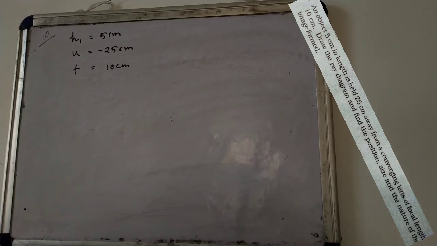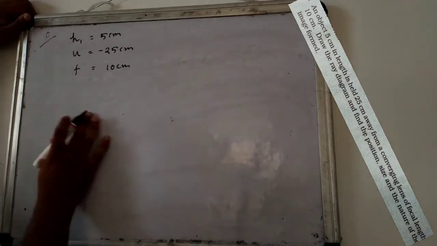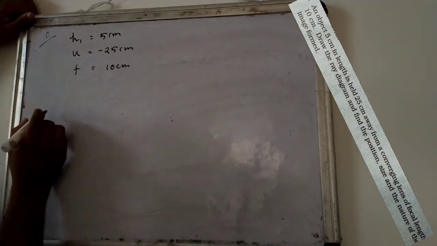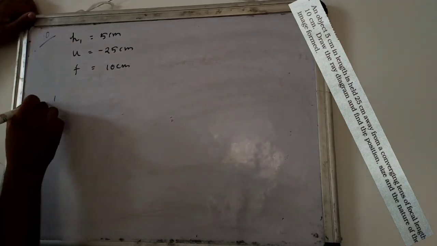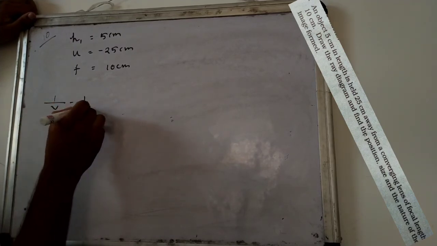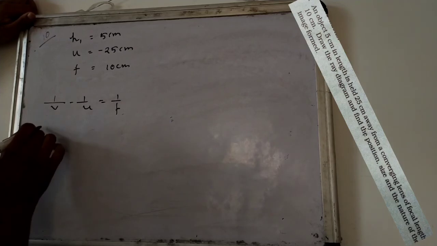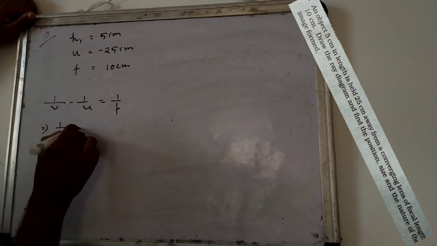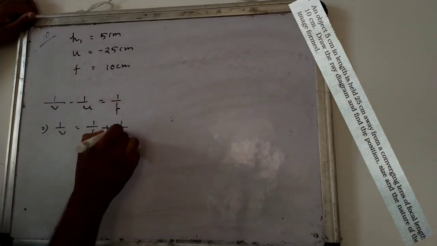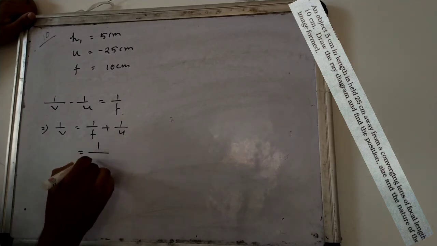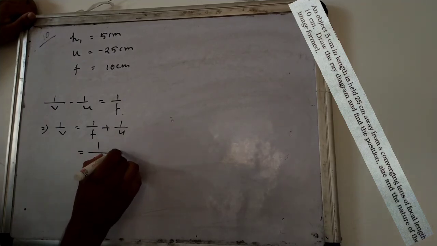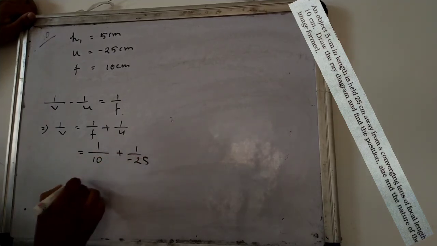Now we need to find the position, size, and nature of the image. So from here also apply the lens formula, 1/v minus 1/u equals 1/f. So 1/v equals 1/f plus 1/u. f is 10 centimeter plus minus 25.